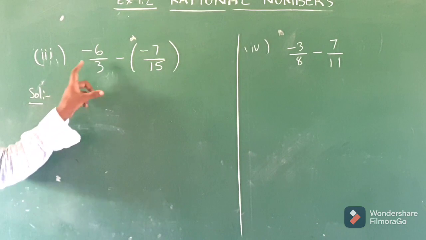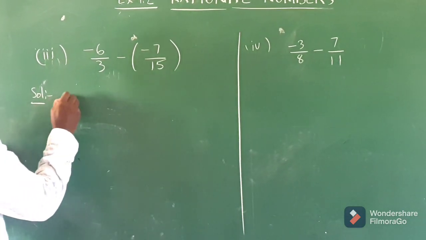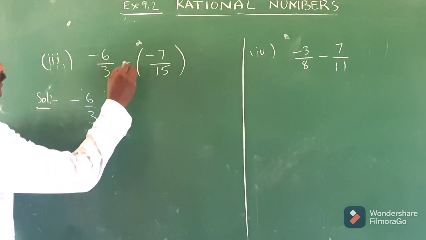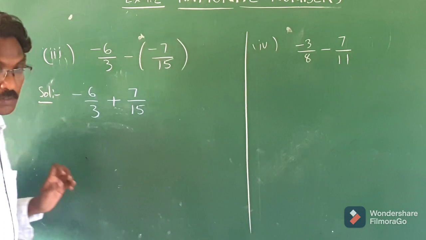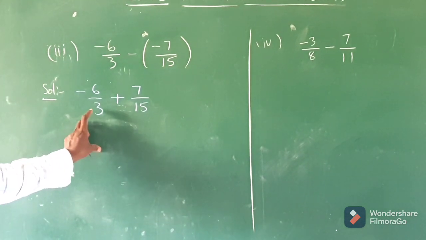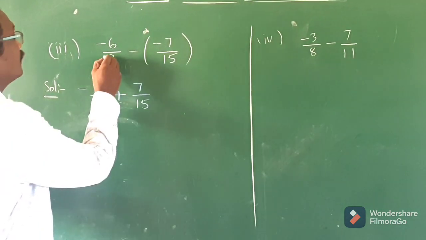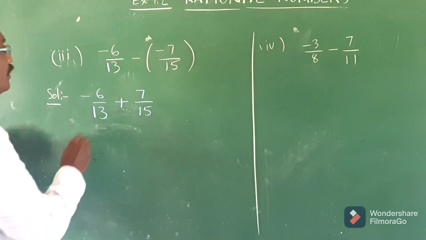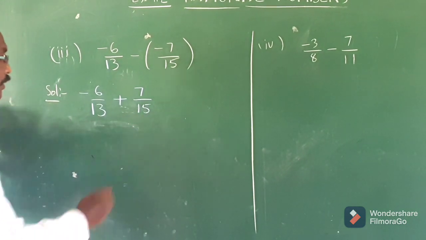Next, third question: minus 6 by 13 plus 7 by 15. Now find the LCM. Find the LCM of 13 and 15.